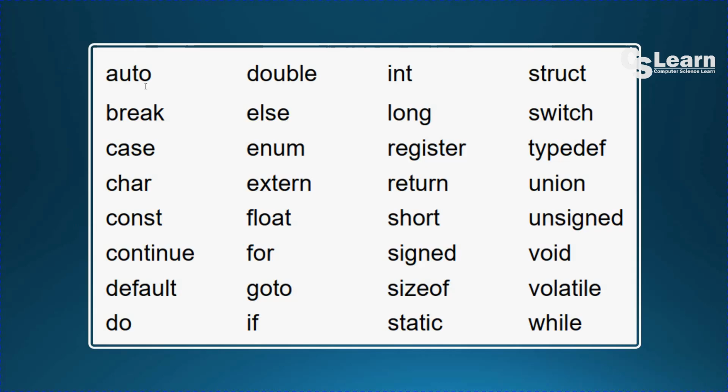So these are all the reserved keywords of C: auto, break, case, char, const, continue, default, do, double, else, enum, extern, float, for, goto, if, int, long, register, return, short, signed, sizeof, static, struct, switch, typedef, union, unsigned, void, volatile, and while. These are all the keywords available in C.